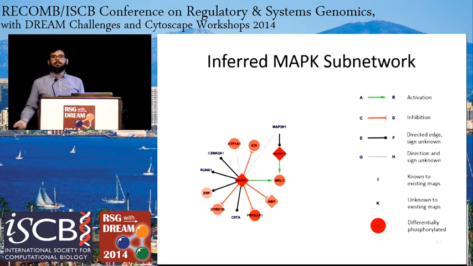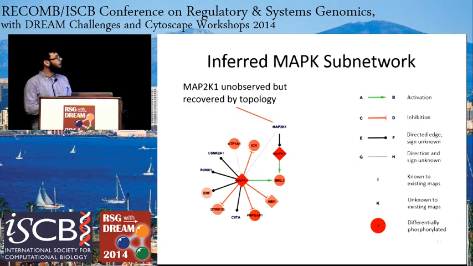So here we can trace back to our constraints how they were used for inferring this data. The MAPK one was unobserved in the phosphorylation experiment, but the standard forest approach that we used recovered the node as being part of high confidence interactions, even though it didn't exist in the data.